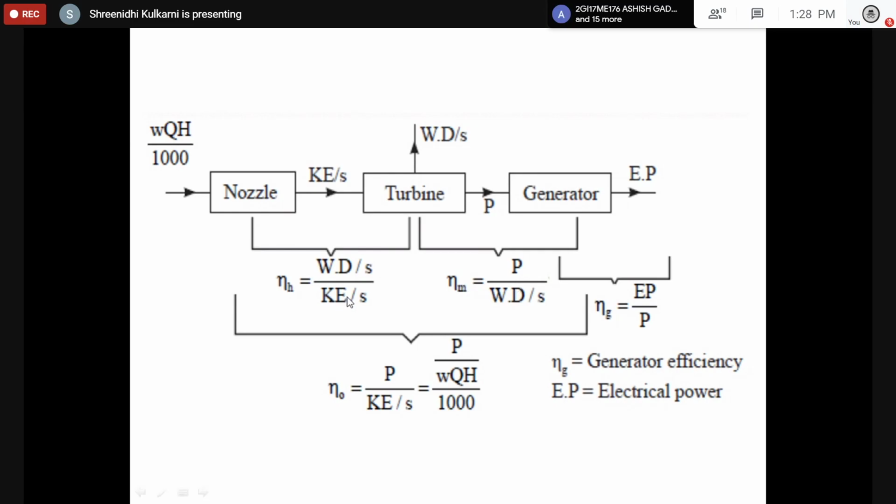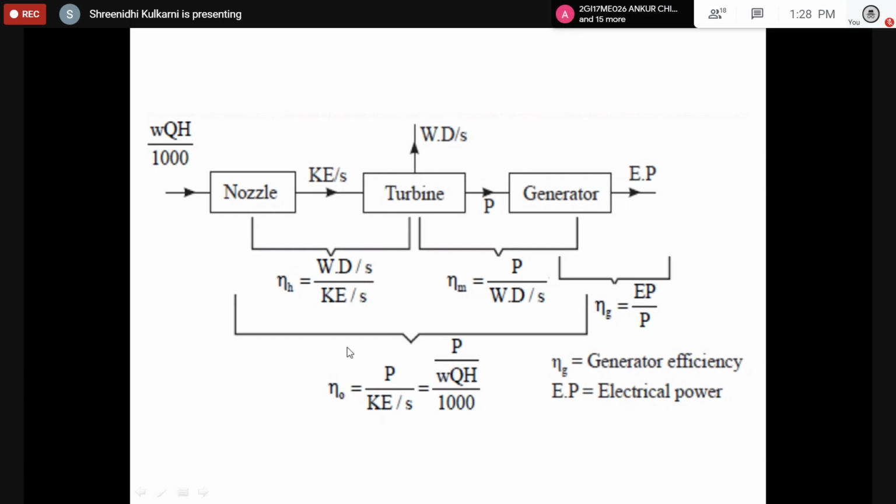Next, what is overall efficiency? Overall efficiency is nothing but from the nozzle up to the generator. Simply, I can call it the product of hydraulic efficiency and mechanical efficiency.